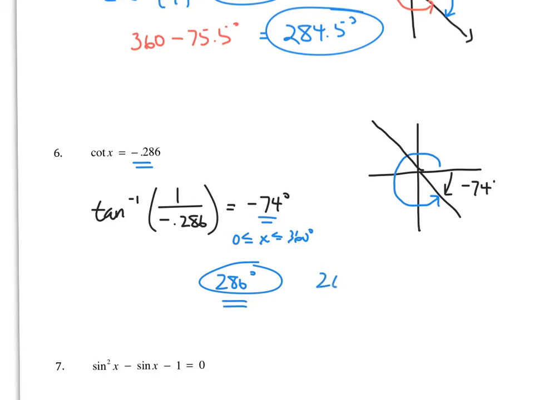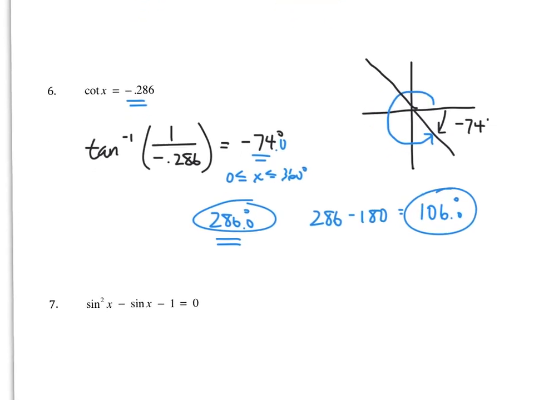So if I do 286 minus 180, I'll end up with the angle that's in the second quadrant, which is roughly 106 degrees. Technically, we should say like 74.0 and 106.0 based upon rounding. I just rounded to the whole number because they were like 105.96.